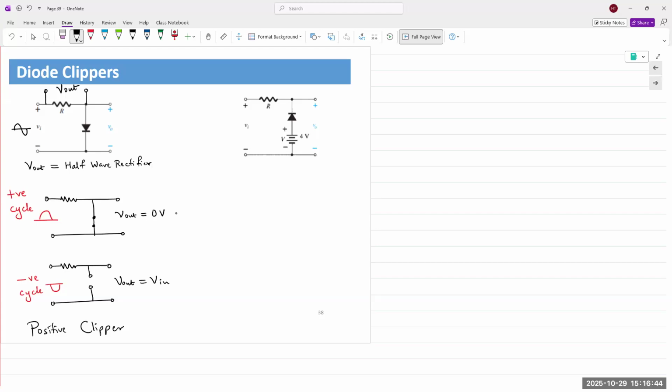In that same circuit, if you flipped the position of the diode, it would have flipped the positive half, and you would have gotten a positive clipper. So same circuit, different outputs simply by flipping the position of the diode and changing where you take the output from. Okay, if you take the output across the resistor, what kind of clipper do you have?